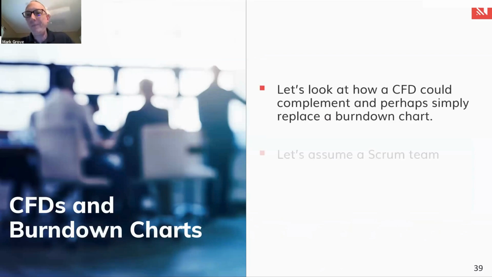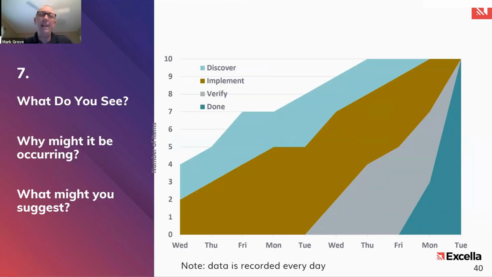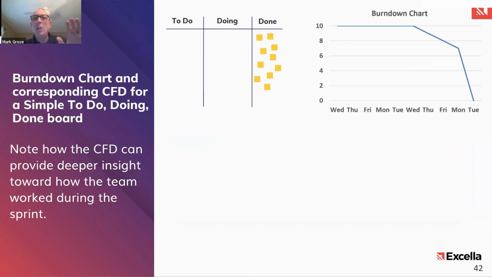Real quick, when I was working at an organization before where I am now, we were told that we had to use a to-do doing done board for the Scrum teams. The reason why I bring this up is because a lot of Scrum masters would create burndown charts, and they would look something like this.